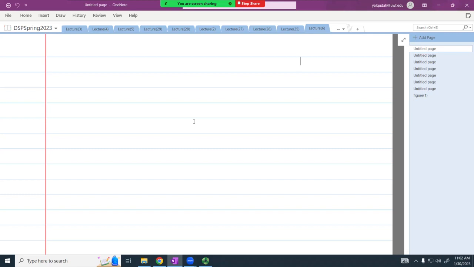Okay, so we're going to look at continuing the sampling derivation, and then we're going to look at the reconstruction of the signal. Continuing with sampling and the sampling theorem.